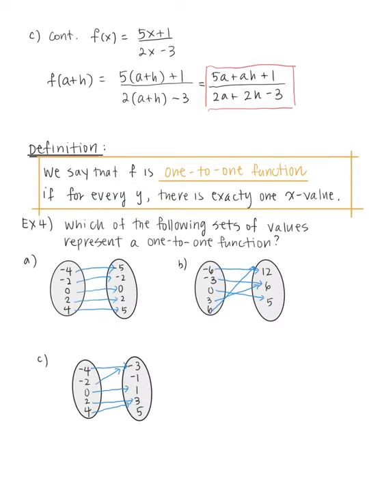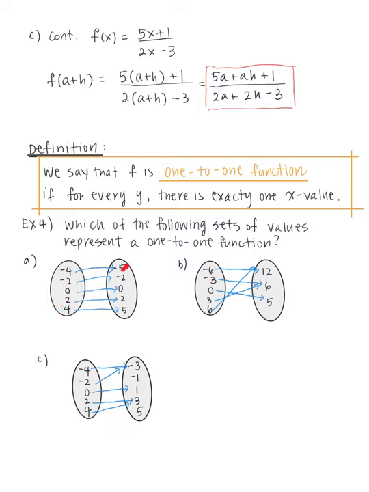Let's do example number 4. Which of the following sets of values represent a one-to-one function? All right, so again, remember that a function is one-to-one if for every y, there is exactly one x value. Okay, so let's go with A. Okay, so here are all the y values. Here are all the x values, right?